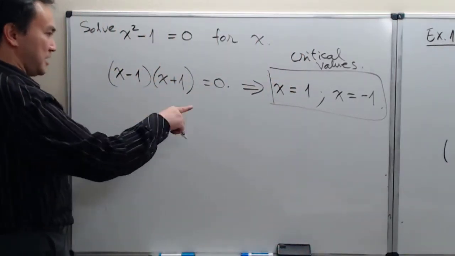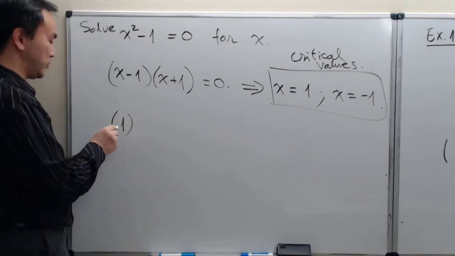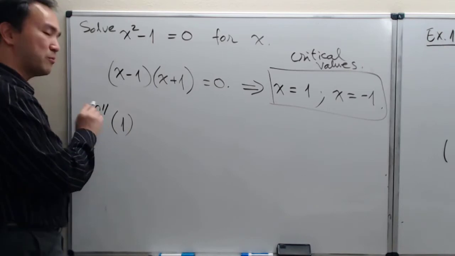At my first critical value, x equals 1, I am going to substitute that into f double prime.